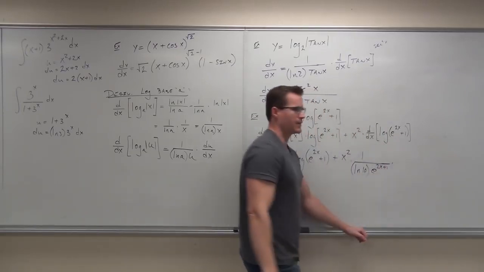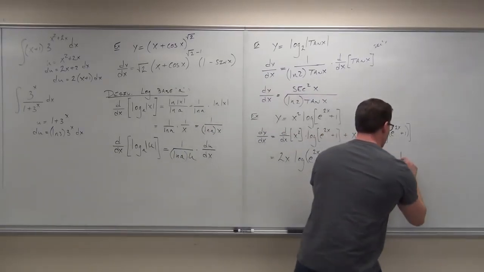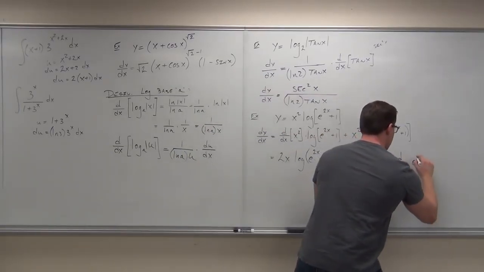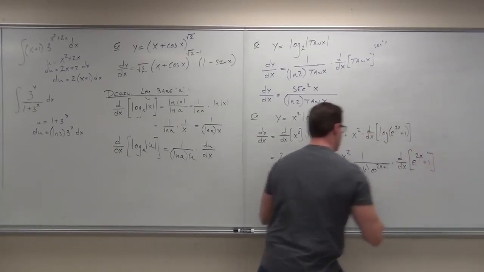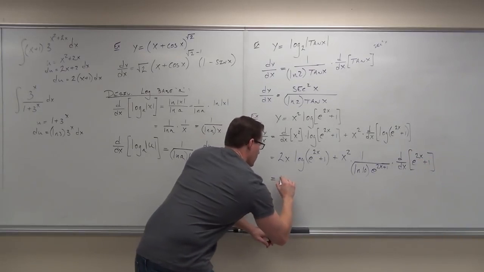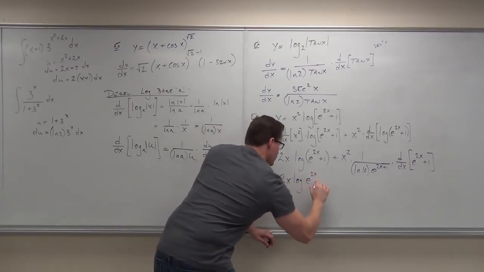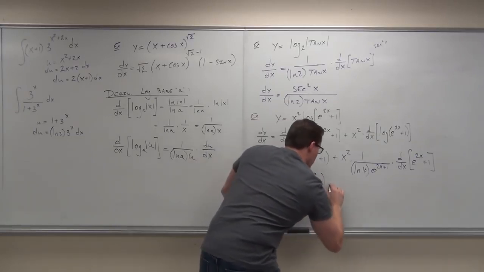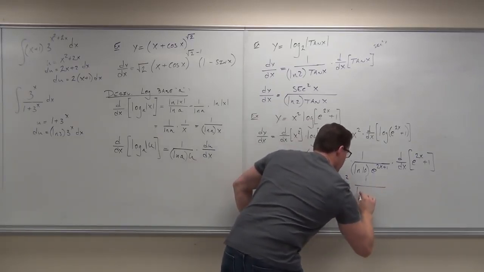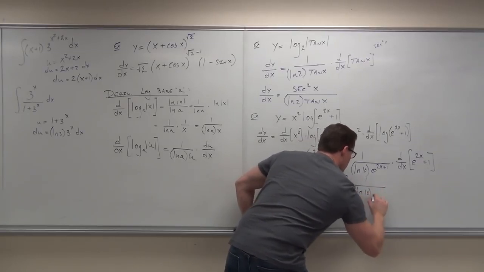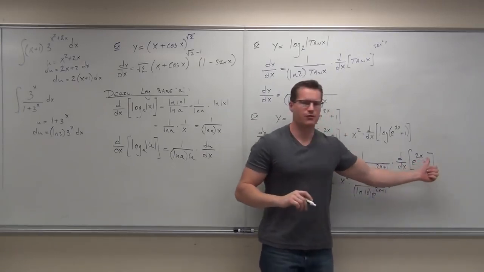Got that? And then? Another chain rule. Cool, so chain rule, derivative of e to the 2x plus 1. Oh, let's see if we know how to handle this. Almost done here. So we got 2x log e to the 2x plus 1 plus x squared 1 over ln 10 e to the 2x plus 1 times the derivative of e to the 2x plus 1.